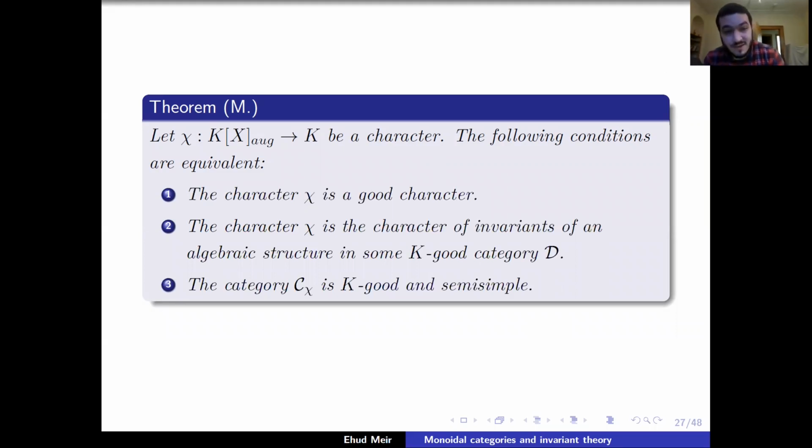So the idea is to show that if Chi is a good character, we can construct C_chi, and because of the two conditions, we can show that it's K-good and semi-simple. This is how 1 implies 3. 3 implies 2, because the structure that we have in C_chi affords the character Chi itself. And then we can also show that 2 implies 1 or 3.